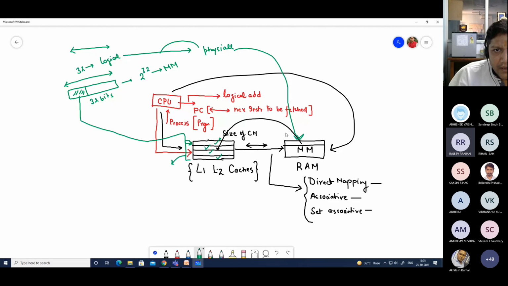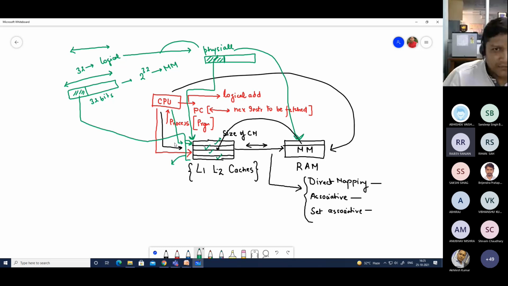Then some bits of this physical address, pay attention, are going to be used to find the cache block from where the CPU can access. Are you getting the point?